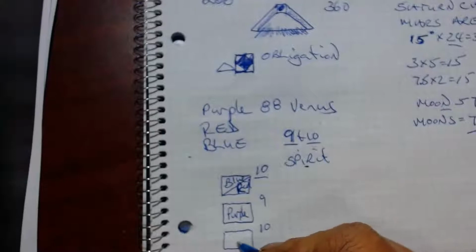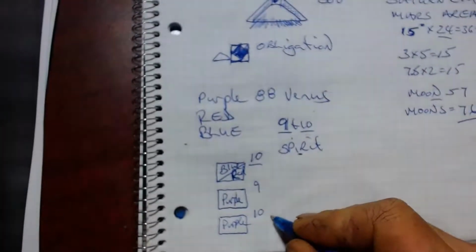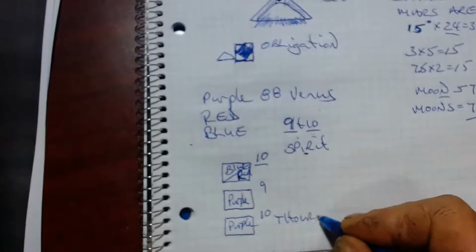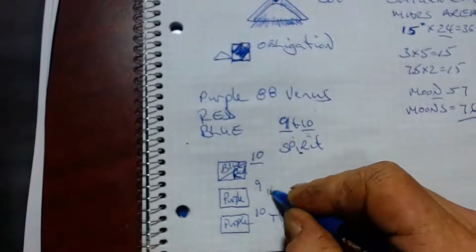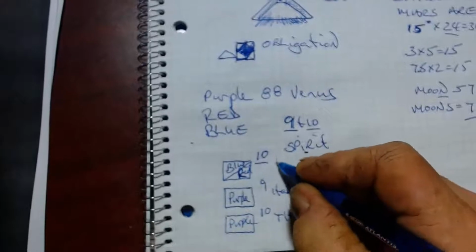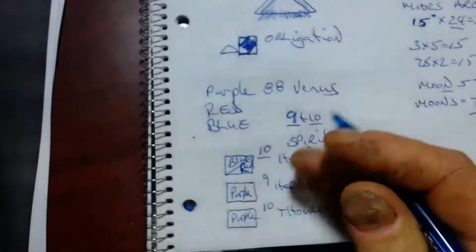is the 10 in thoroughbreds, and the 9 in harness. And the 10 in harness is a mixture of, so we can see, what are we doing?